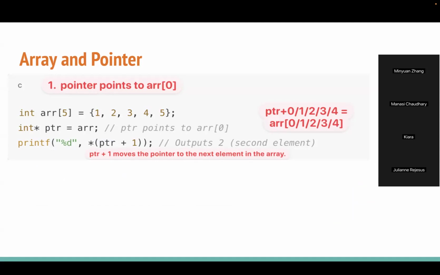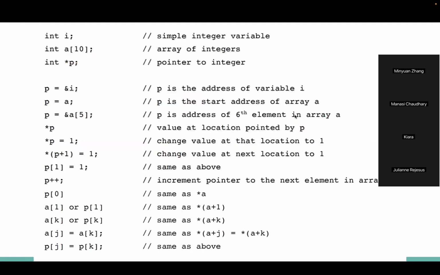As you can see in the last part, the printf with P plus one will move our pointer one forward and become the two. So the output will be the two. There's an example I'm showing here of how to do the pointers, and there's a summary about pointers and arrays. You can just take a look.